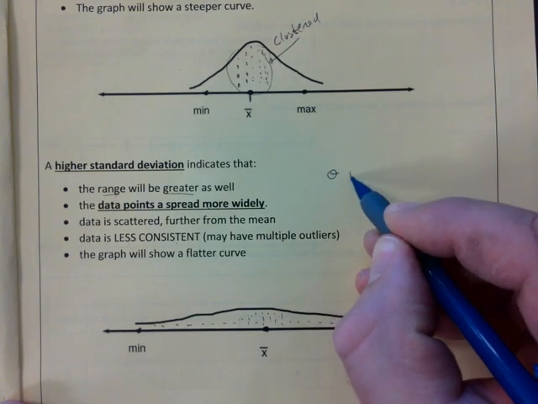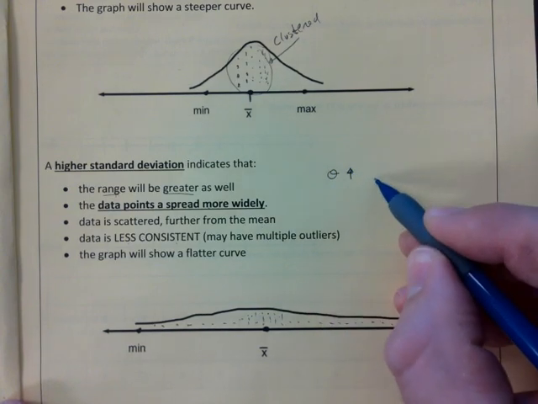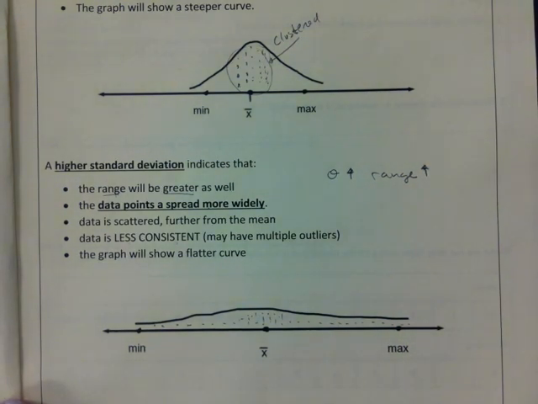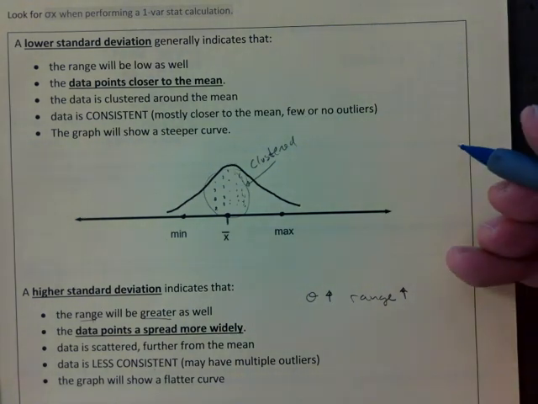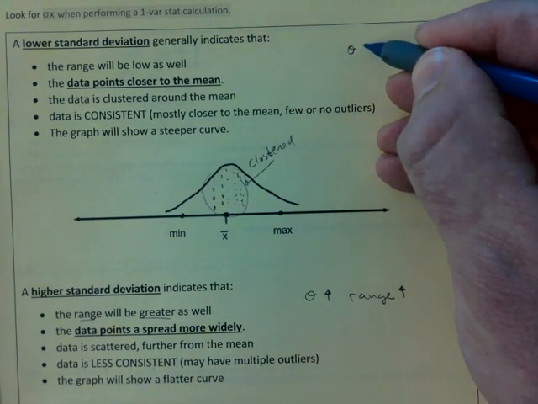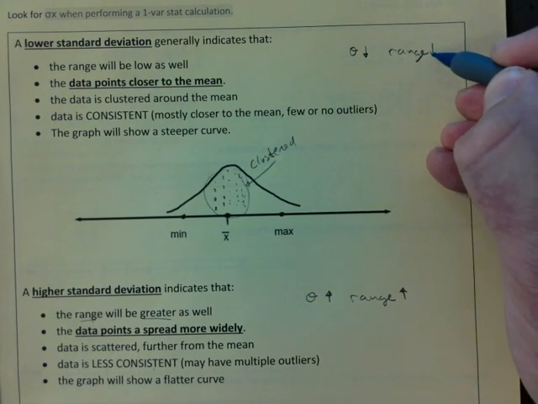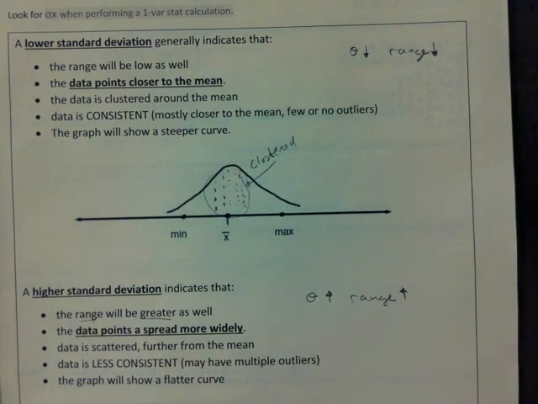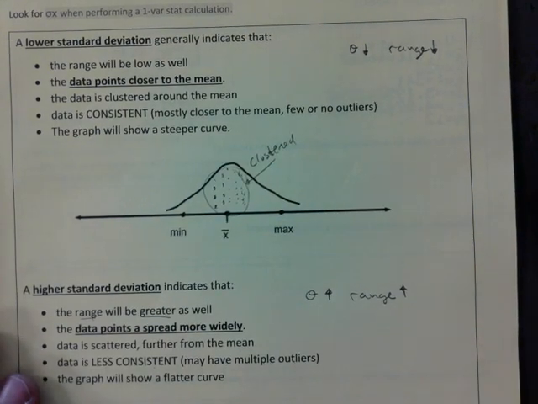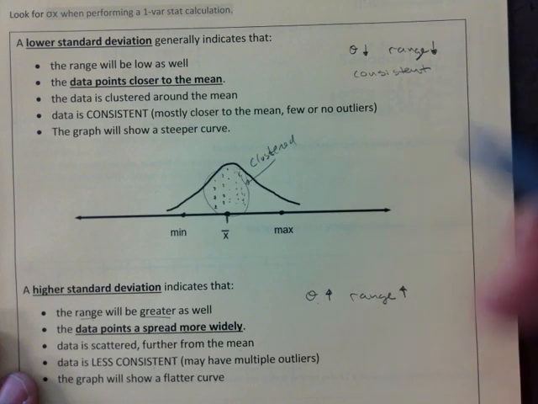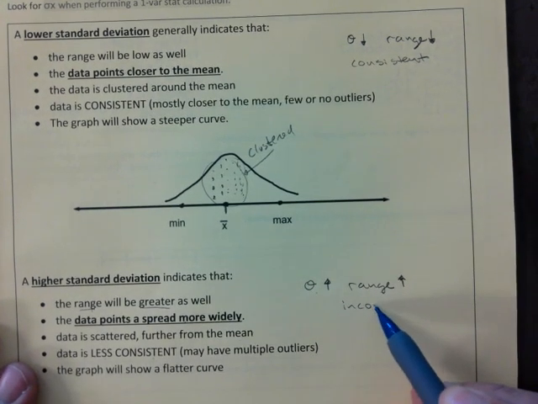So if the standard deviation is high, the range will also be greater. If this standard deviation up here is low, the range will show that as well. They go hand in hand. Okay, they go hand in hand. Standard deviation and range go hand in hand. Okay, this will be consistent. This will be inconsistent.